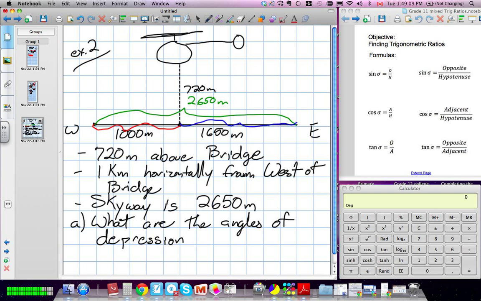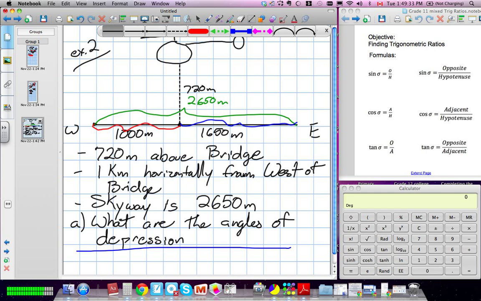Now, what we need to figure out is actually the angles of depression is what the question's asking. It says, what are the angles of depression to each end of the bridge? Now, an angle of depression is drawn like this. An angle of depression is drawn off a horizontal line.